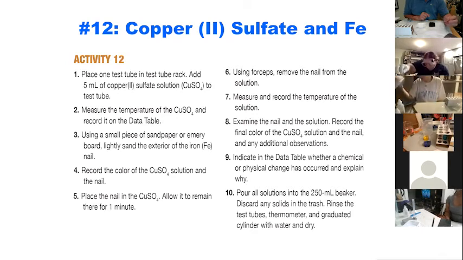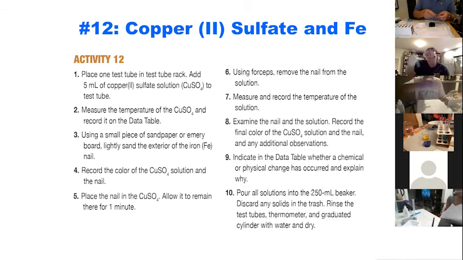Or it hasn't had that happen and it has a thin layer of iron oxide on it. Either way, we want actual iron. So we're going to clean this off. So I'm just going to sand the tip of it.